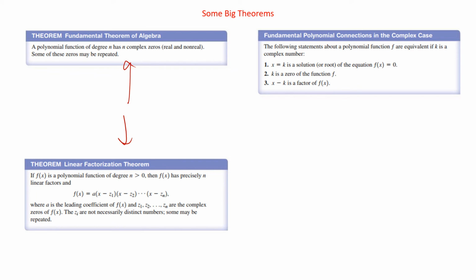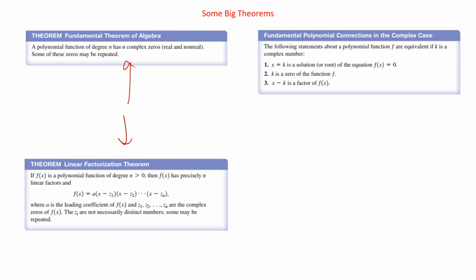Some of them may be repeated, some of them may be non-real as well. So you could have a factor like x plus 2 minus i. That's a linear factor. So it just says that you can split it up into x plus or minus a number for however many degrees it has in the polynomial.